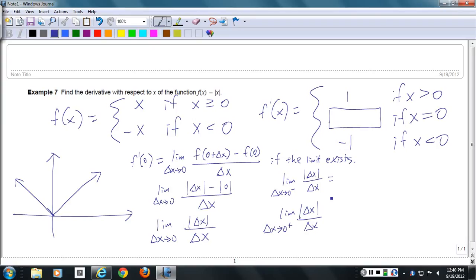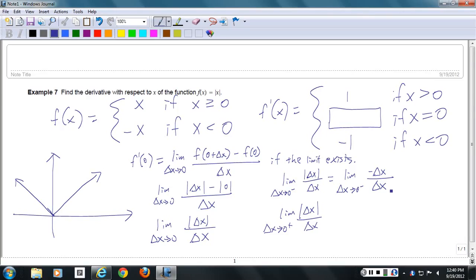If they both exist but are not equal, then the two-sided limit will fail to exist. Now, if delta x is a little bit less than 0, then it's negative. And the absolute value of a negative number is the opposite of that negative number. So this equals the limit as delta x approaches 0 from the left of the negative of, the opposite of, I should say, delta x over delta x. I have to know if delta x is positive or negative before I can remove the absolute value bars.